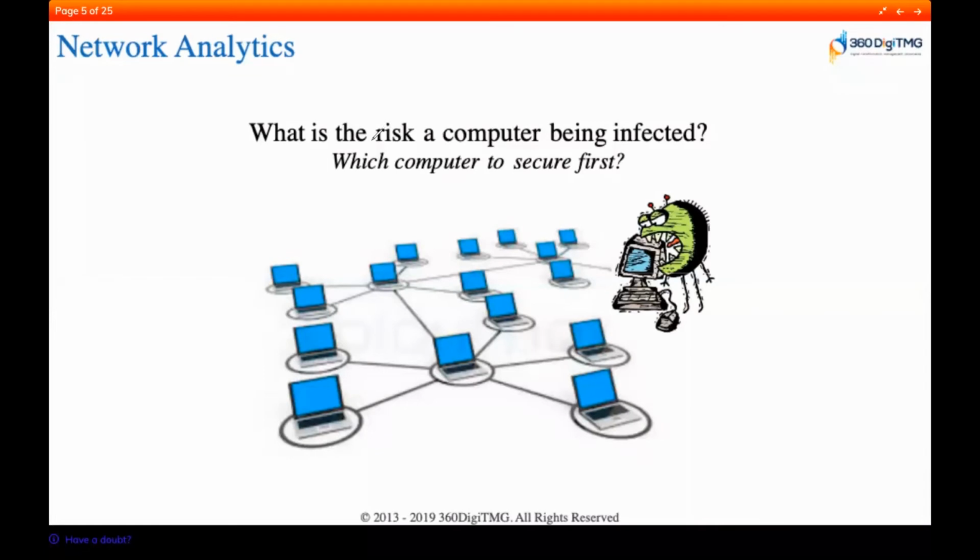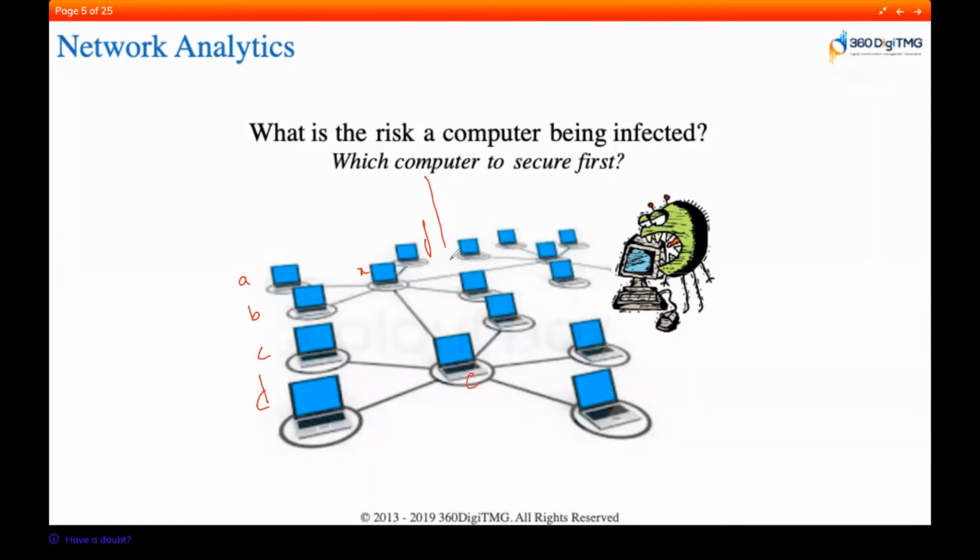You need to identify which computer in the network has more connections. Let's say this is computer X and this is computer A, B, C, and this is going to be D, and this is going to be E and F.